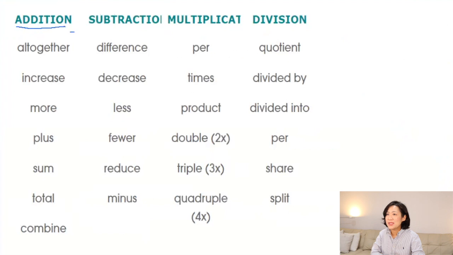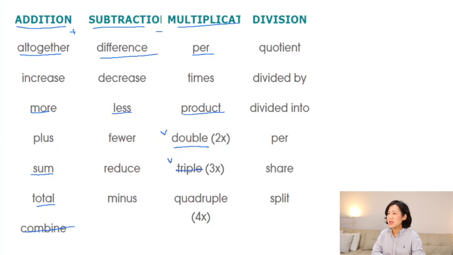First one, addition: when you see the words all together, sum, total, combine, all of these link to addition. Subtraction is the same as difference, less than, and fewer than. Then multiplication: per, product of the numbers, and then double and triple. These are very useful. Then division is divide into, per, share, or split it into.